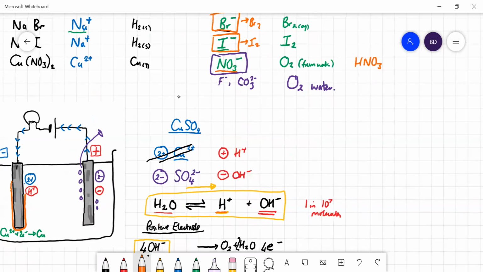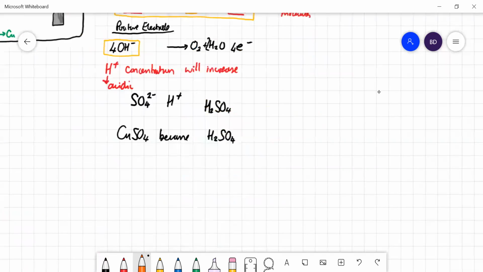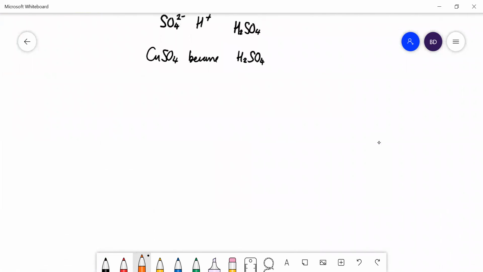Should we see, for one final thing, what would happen if you electrolyzed sodium sulfate? That's quite interesting. So we've got sodium sulfate solution. Let's think about the positive ions. You're going to have Na plus ions, and you're going to have H plus ions from the water.